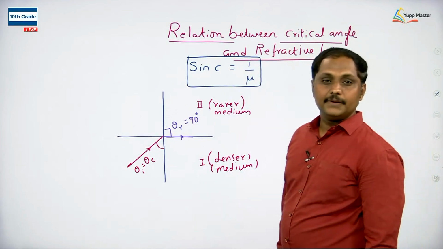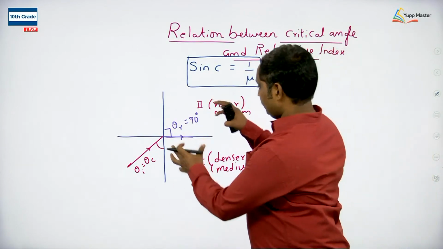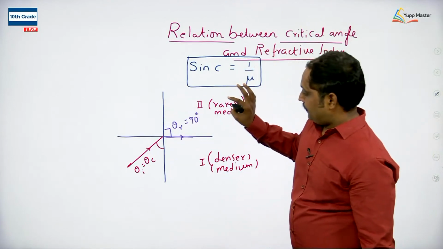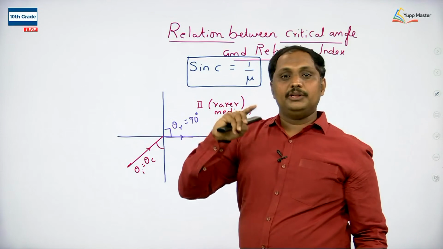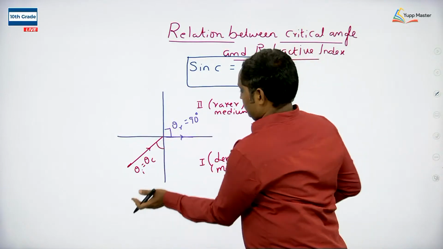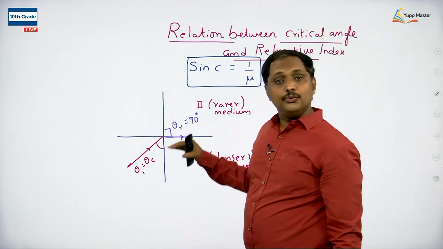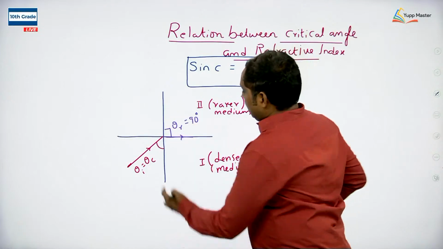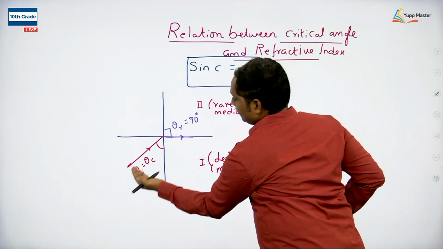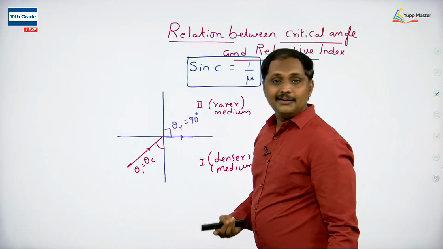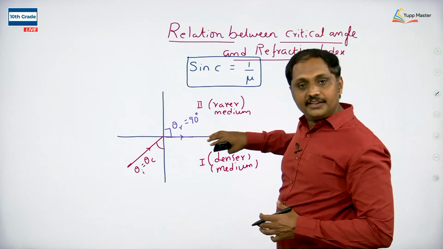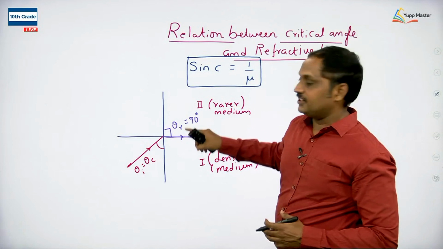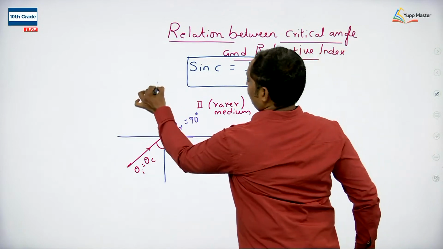Please have an observation in two media which allow the light rays to travel from denser to rarer. We are incident at the critical angle. The light ray is going to be refracted at 90 degrees. This is the normal.